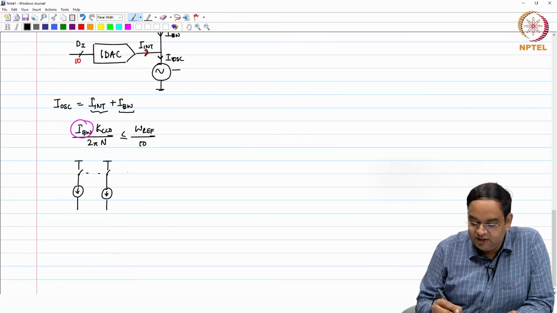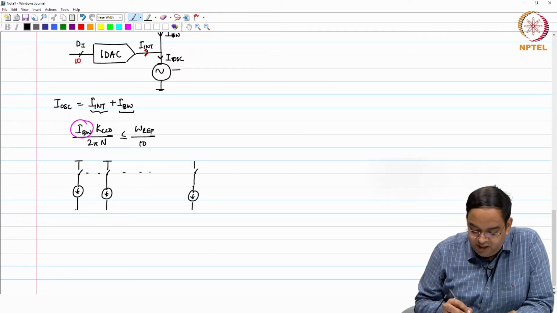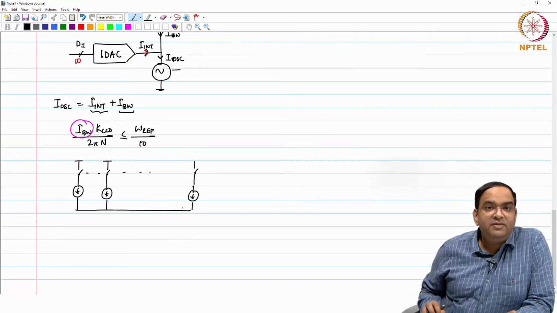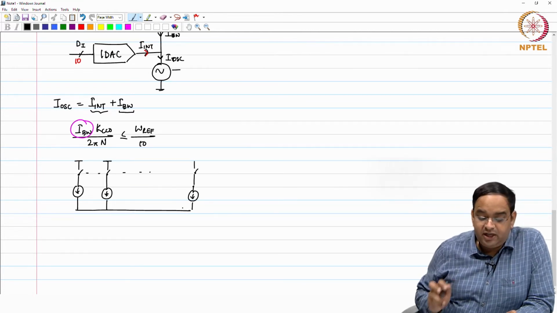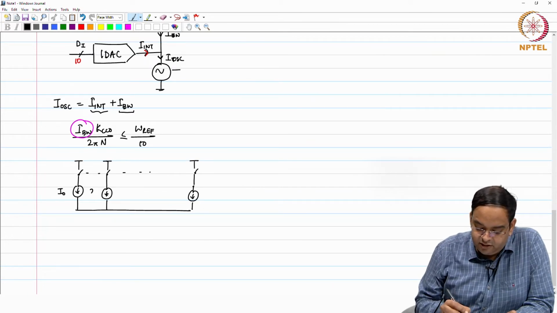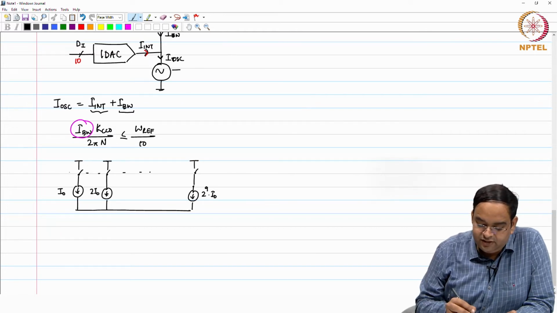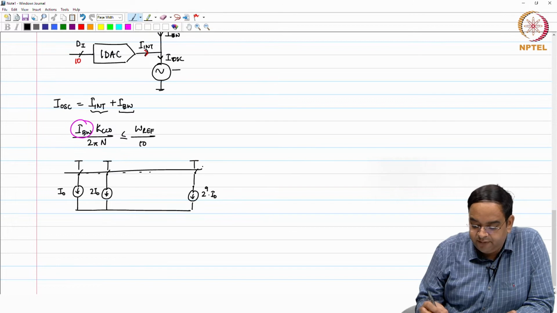We looked at this in the voltage DAC, now I am looking at it in the form of a current DAC. A minimum of 10 unit elements are required such that the currents are I naught, 2 I naught, and similarly up to 2 to the power 9 times I naught, and these switches are controlled by your DI.